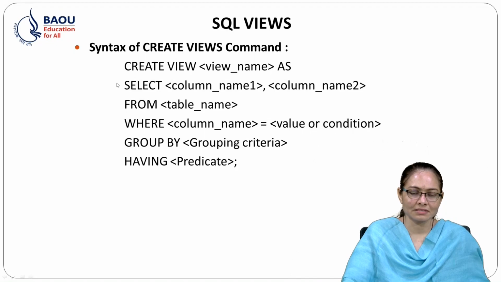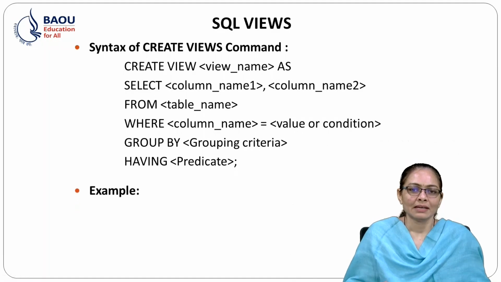These are the select command. Before the select command, you have to write create view, view name, then as. This line is written before the select statement. Then this select statement fetches the data from the table, and that data is generated as a view, the same as a virtual table. A view is like a virtual table.